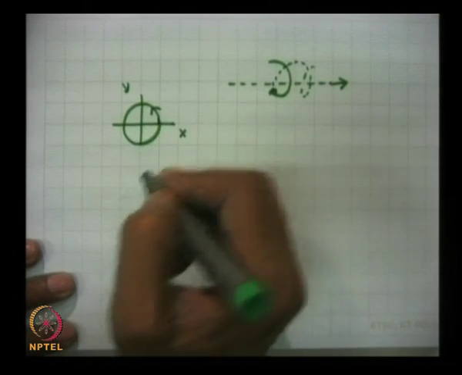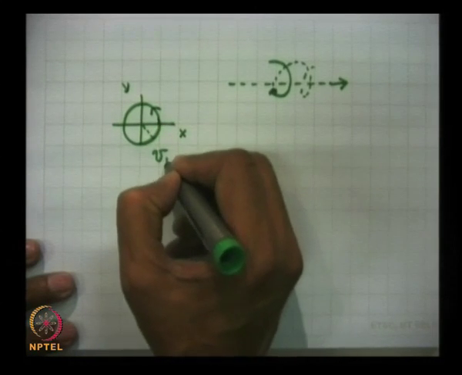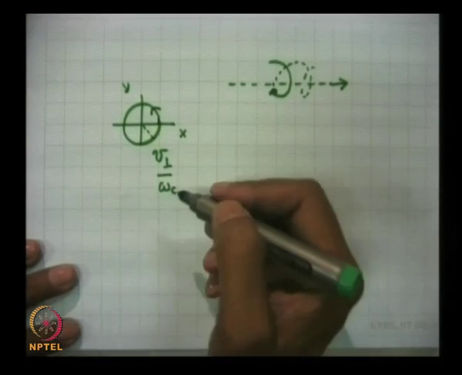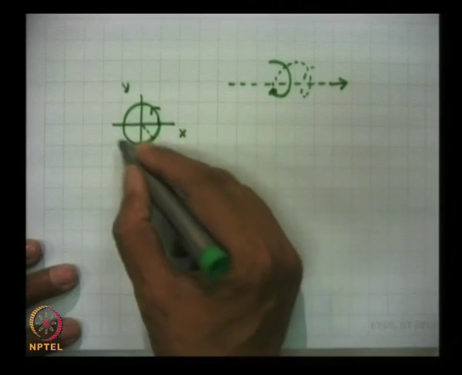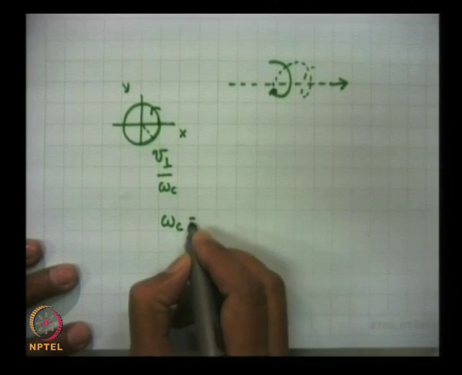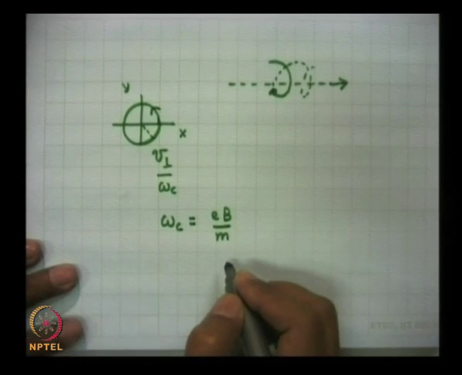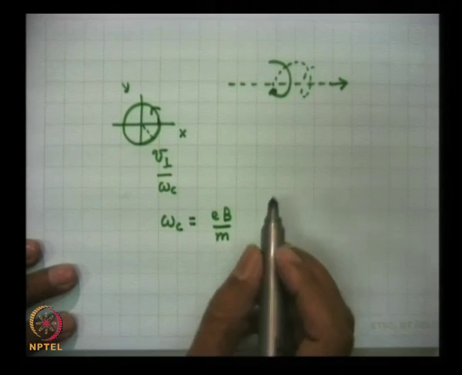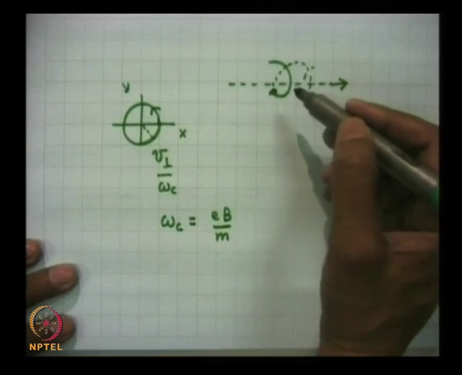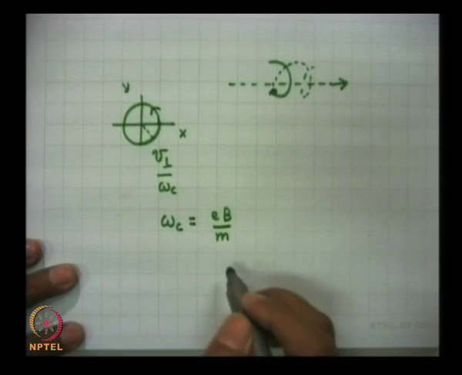The radius of the electron orbit is v perp upon omega c, called the radius of gyration, and the frequency with which this rotates is the cyclotron frequency omega c, which is eB upon m, and I am presuming that near the axis Bz is much bigger than Br. So primarily omega c is decided by Bz.